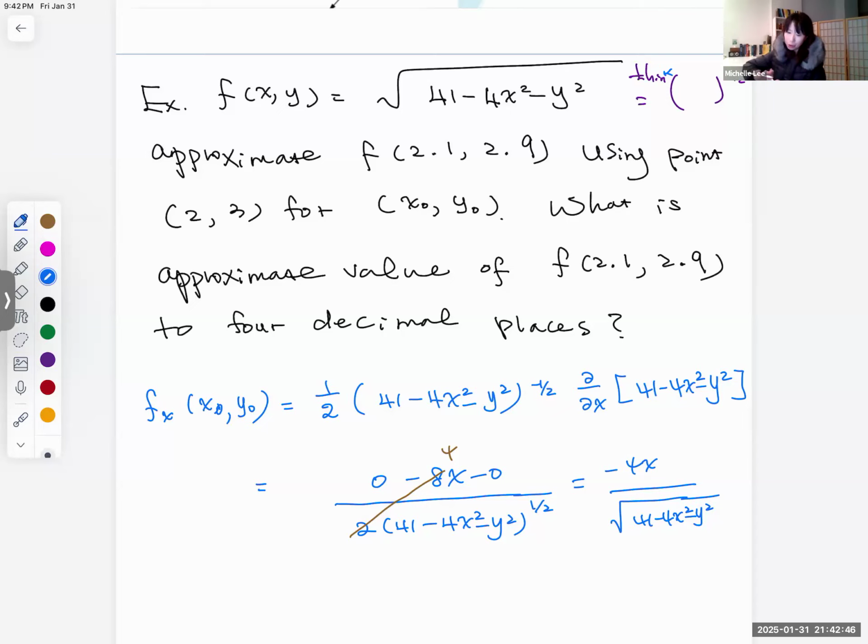over the square root of 41 minus 4x squared minus y squared, right? Okay, let's substitute x naught, y naught equal to 2, 3.